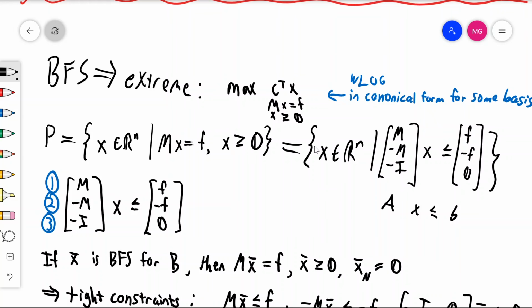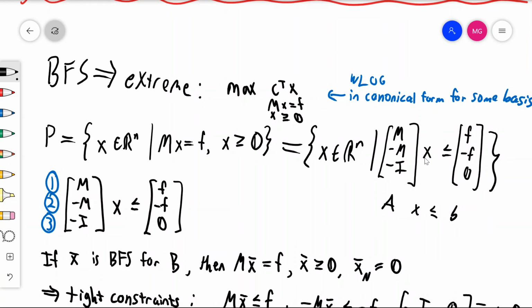So how do you go from standard equality form to all less than or equal to constraints? We've done this type of thing before. It's not that difficult. If Mx equals f, then you know that Mx is less than or equal to f and greater than or equal to f simultaneously. So you impose double the constraints here, where we have Mx less than or equal to f, and instead of saying Mx greater than or equal to f, you just multiply by -1 on both sides to turn the greater than or equal to into a less than or equal to.